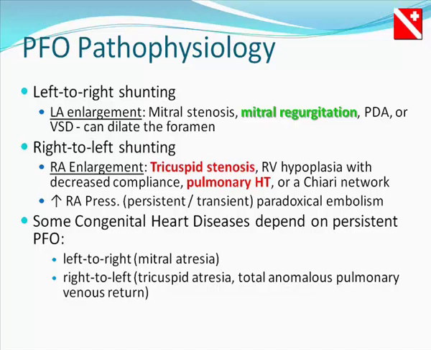Conversely, on the right side, if we have stenotic lesions and pulmonary hypertension, those would produce right atrial enlargement and, again, possibly precipitate right to left shunting. As you know, sometimes if you've got a congenital heart defect, you need your PFO to keep mixing things up so that you can survive with a malfunctioning pump.